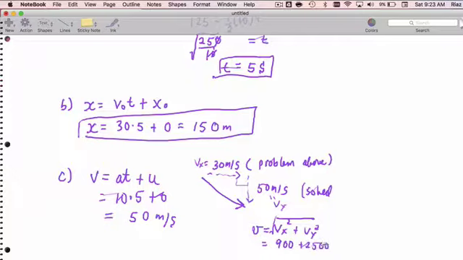That gives us a final speed of 58.3 meters per second. That's how fast it's actually going.